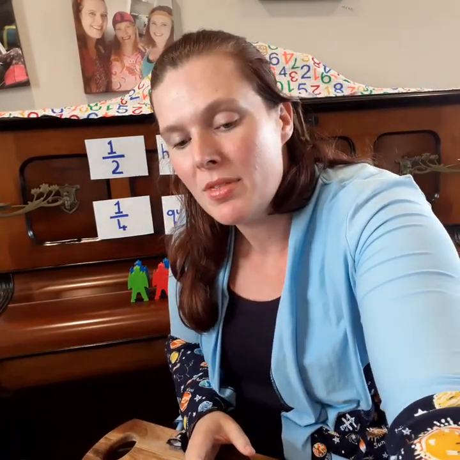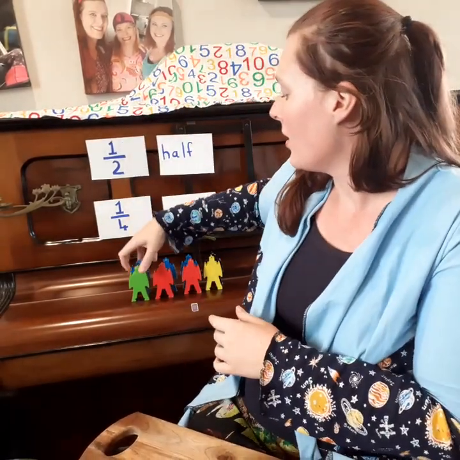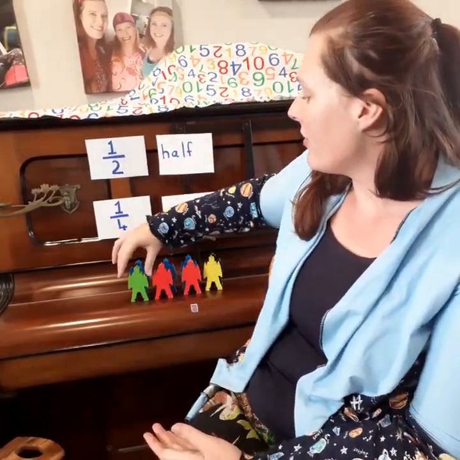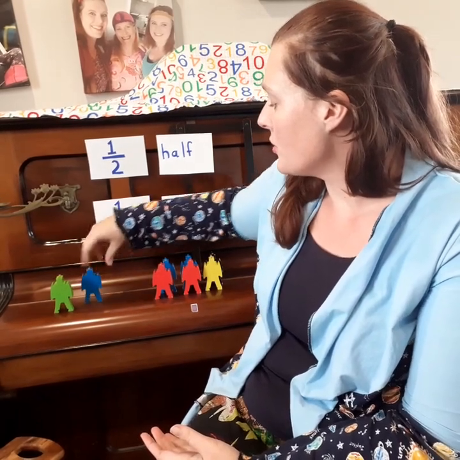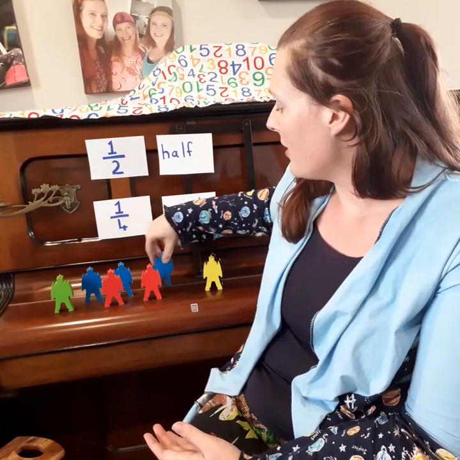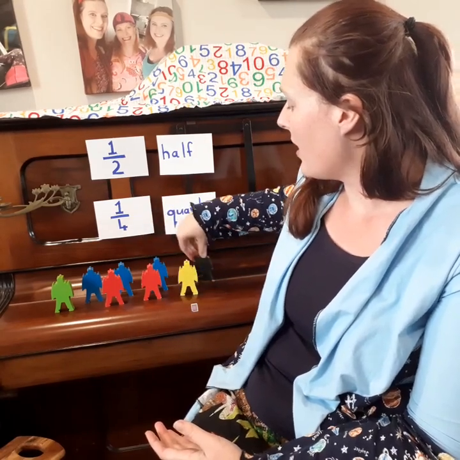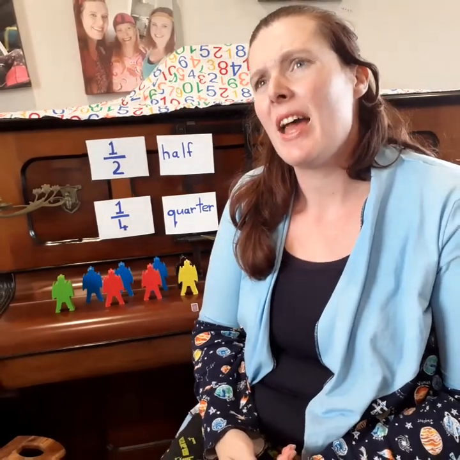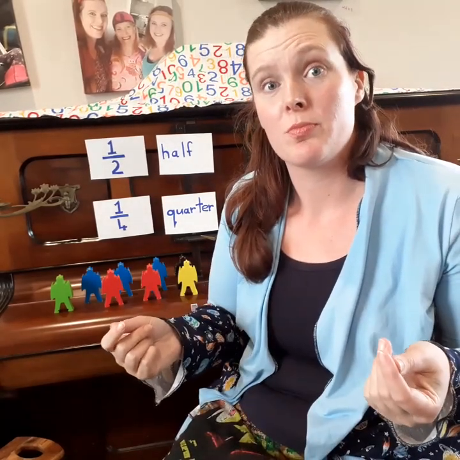And we can do the same thing with these toys. So now we're going to talk about equal sharing. So I have 1, 2, 3, 4, 5, 6, 7, 8 toys here. And I want to put them into 2 equal groups.